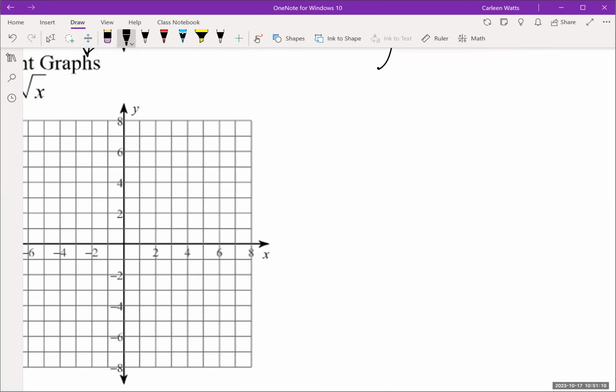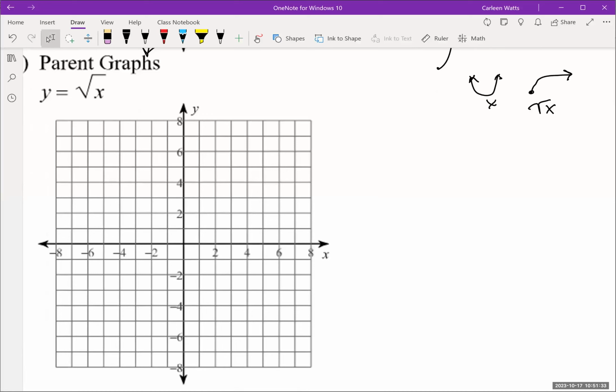Because they are inverse functions, x squared makes a U, and square root of x makes a sleeping U. Now in geometry last year, if you were in my geometry, you learned something called reflect.